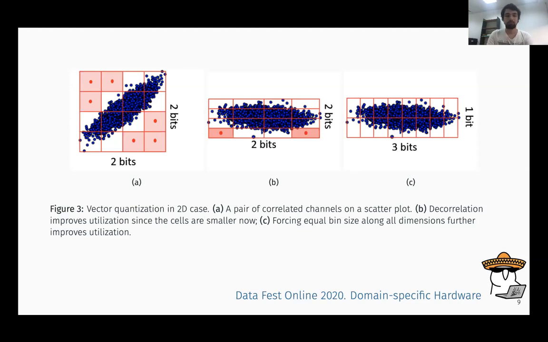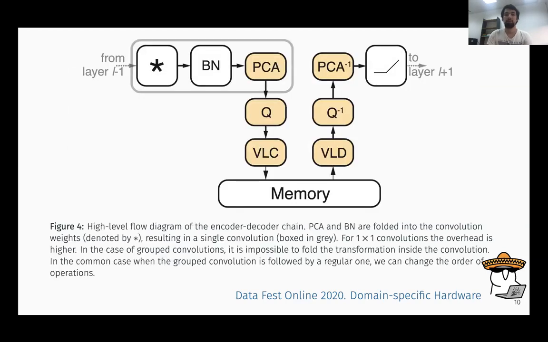And this, together with the idea of reducing entropy, takes us to the main idea of this paper. You can see in the scheme, we take the output of the convolution, we apply batch normalization if there is one, and then we apply the principal component analysis along the channel direction.